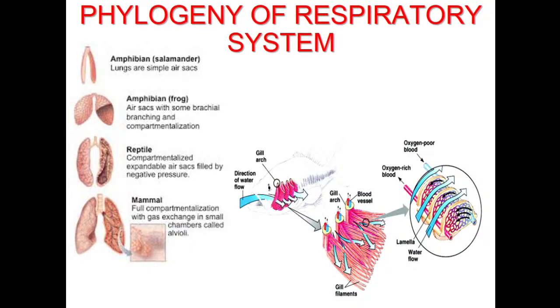Amphibian frog air sacs have some branching and compartmentalization. Then reptile: compartmentalized expandable air sacs filled by negative pressure. And last, mammal: full compartmentalization with gas exchange in small chambers called alveoli.